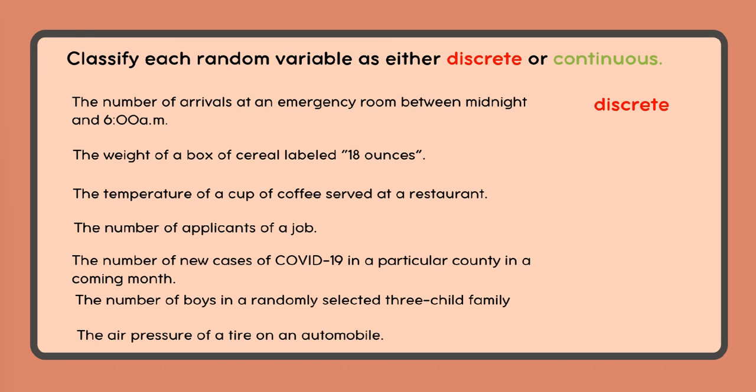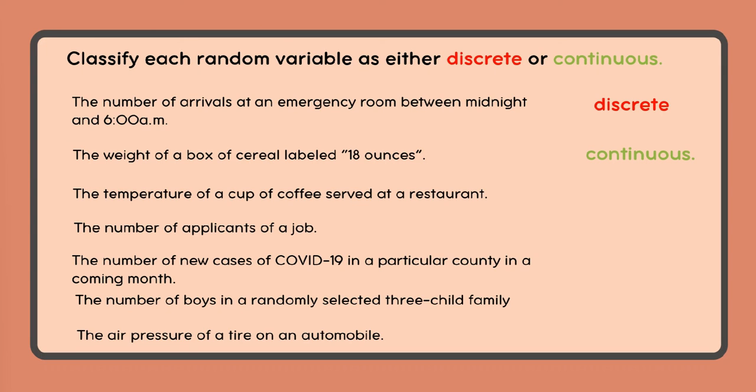Example number 2. The weight of a box of cereal labeled 8 ounces. Now try to ask yourself if the weight of the box can be counted or measured.